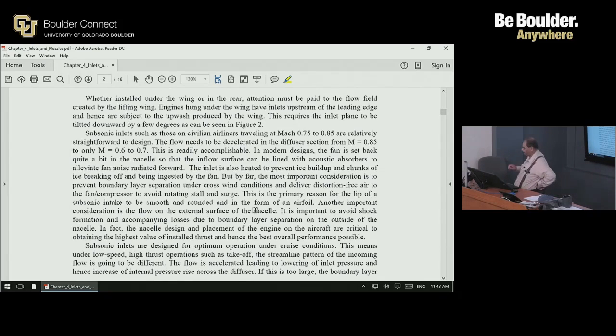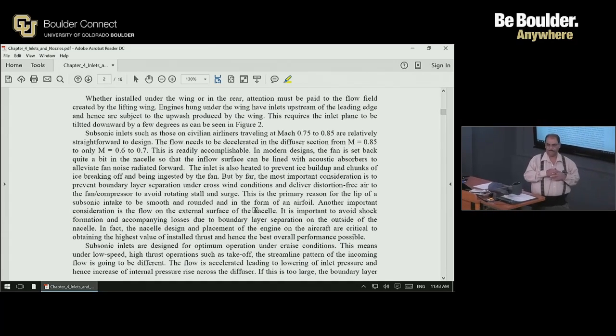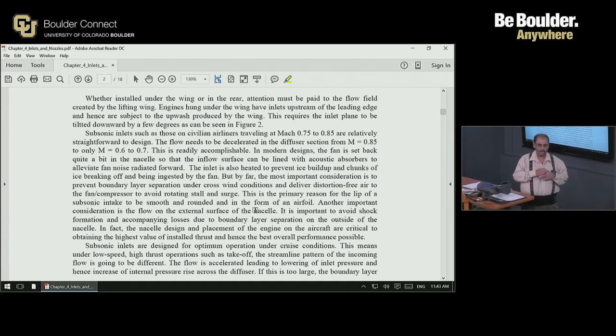There are two operating conditions that are critical to the design of subsonic inlets. One is takeoff. At the end of the runway, the engine is in full throttle, and of course the aircraft is not moving.